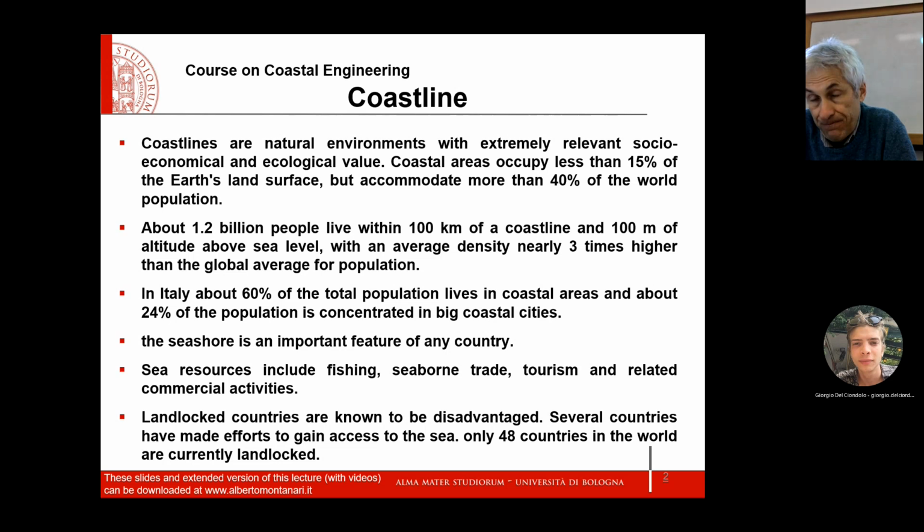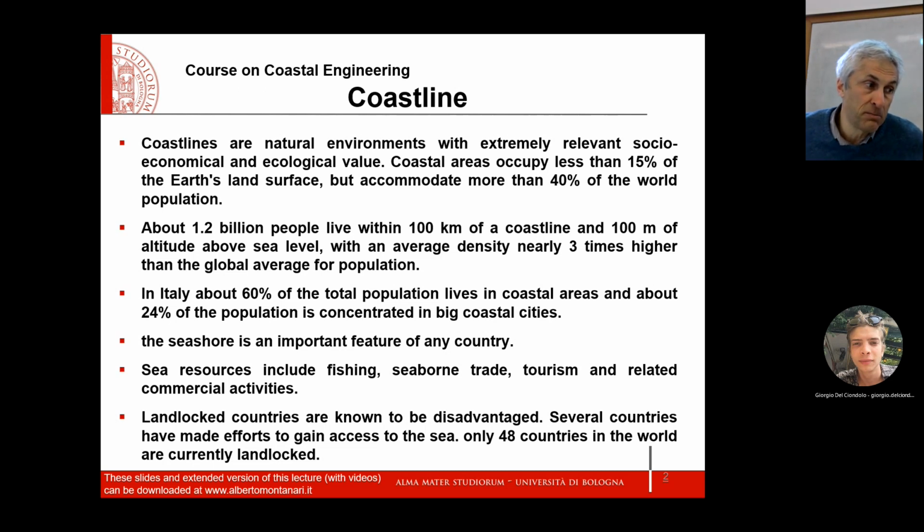In fact, you can read here, about 1.2 billion people live within 100 kilometers from the coastline and within an elevation of 100 meters above sea level, with an average density along the coastline that is about 3 times higher than the global average for population.